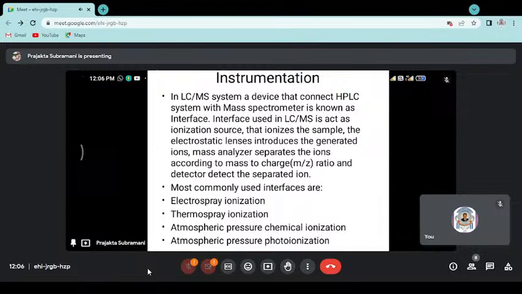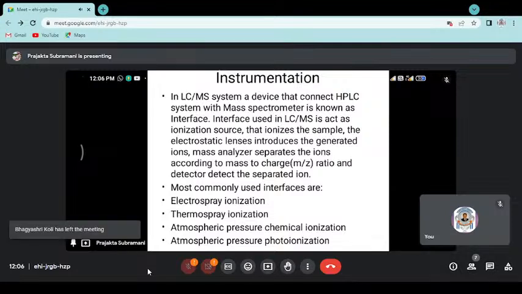The interfaces used in LCMS are mainly ionization techniques. So different ionization techniques are used to convert the compound to ionized form.